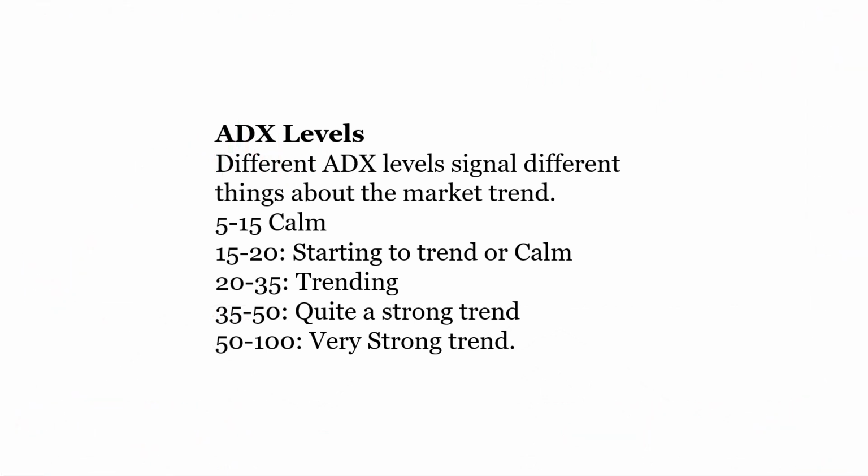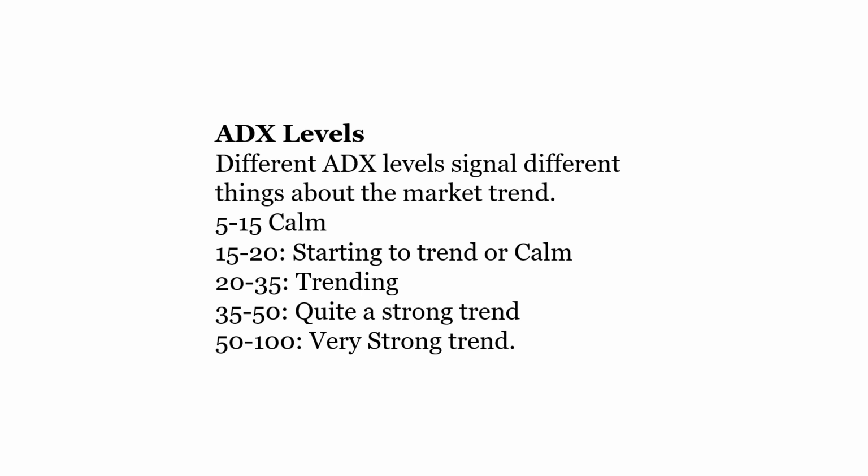ADX levels mean different things. An ADX between 5 to 15 is a low ADX reading, and it indicates that the market has a lack of a real trend and it is mostly going sideways. These market conditions are not well suited for trend following, working better with mean reversion, meaning support and resistance levels, etc. Between 15 to 20, the market is quite calm, but may be beginning to start trend.